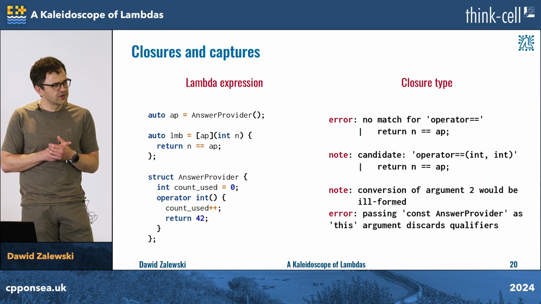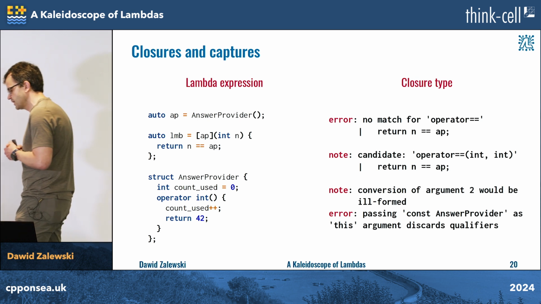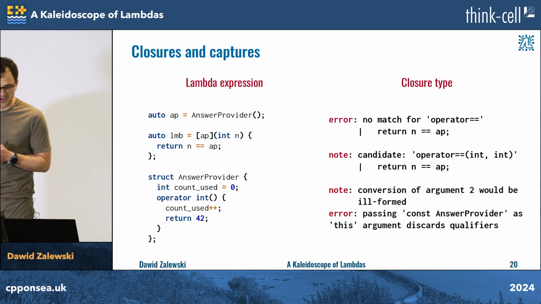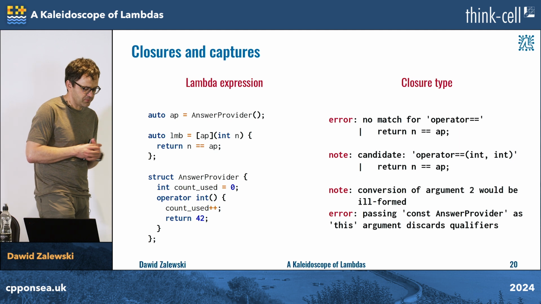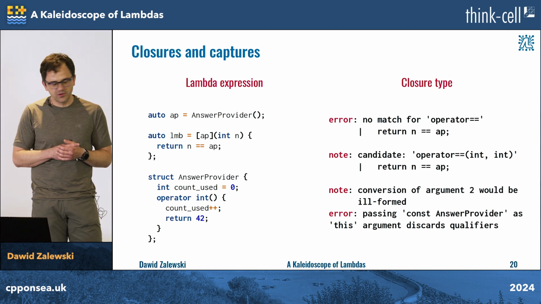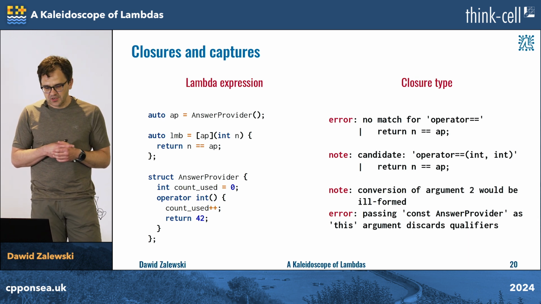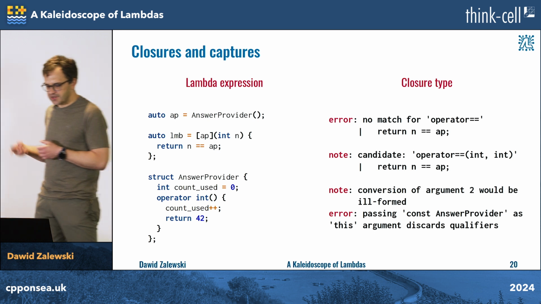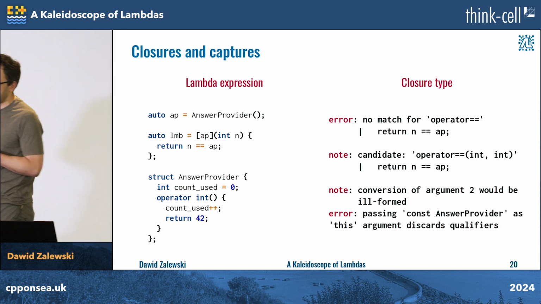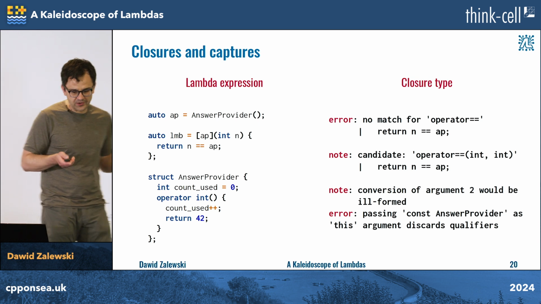A very common error, and especially when you write a lot of generic, more complex code, sometimes it hits you as a surprise, without any warning. And usually the most common reason for it is always the same, and it's hidden there in the error message: passing const answer provider as this argument discards qualifiers. So basically we ruined our const correctness somewhere on the way.